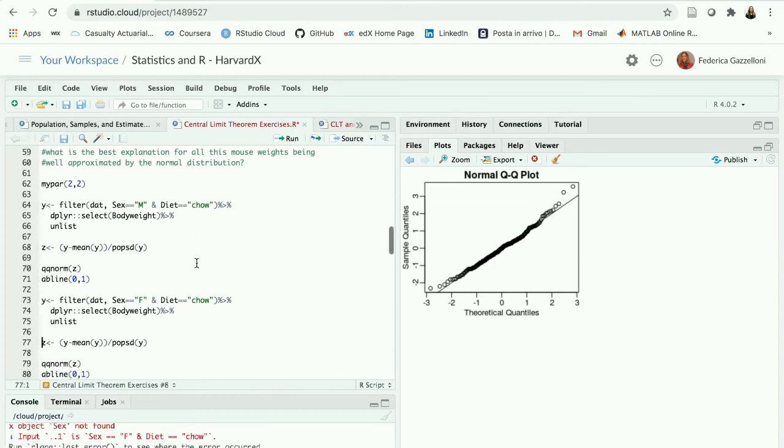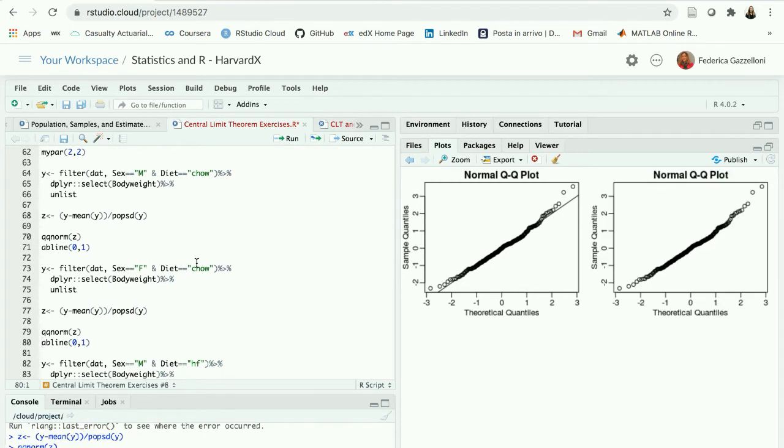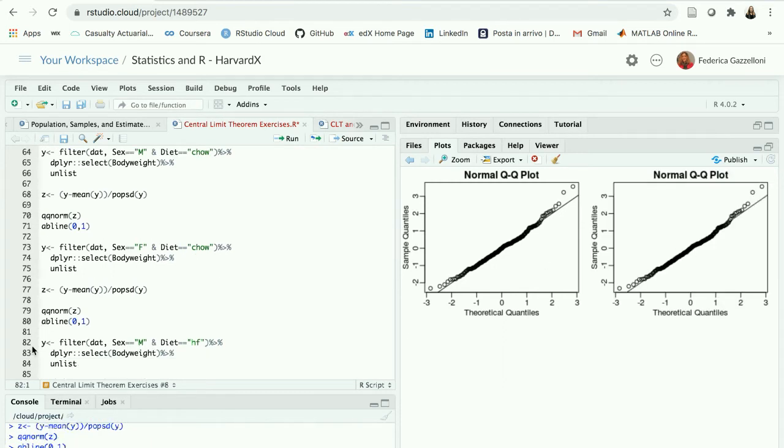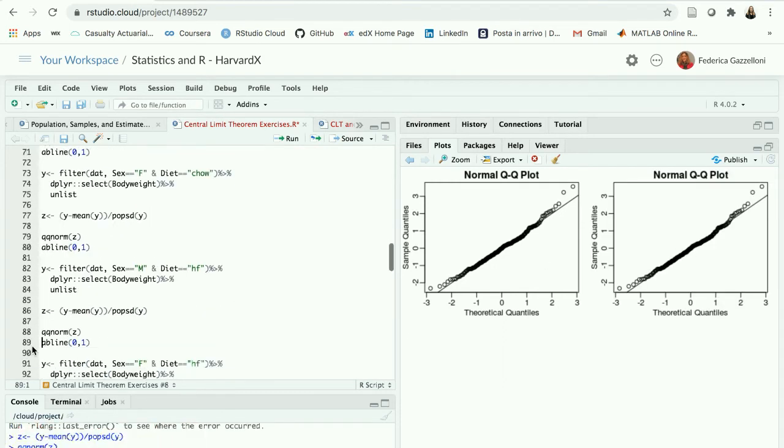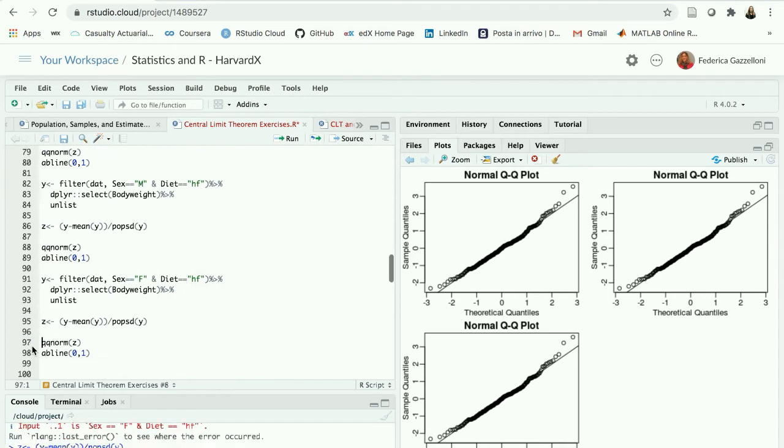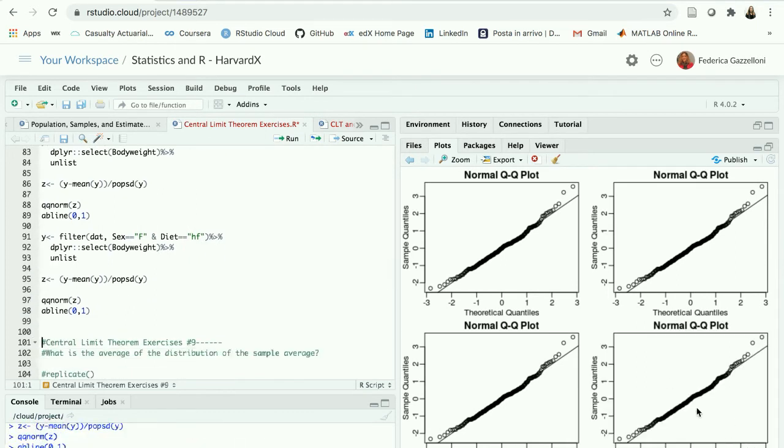I have the female in controlled diet and its plot, and then the male in high fat food and the female in high fat food. As you see, female and male in controlled diet and male and female in high fat food are all normally distributed.